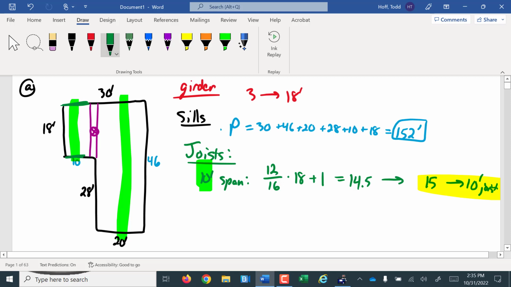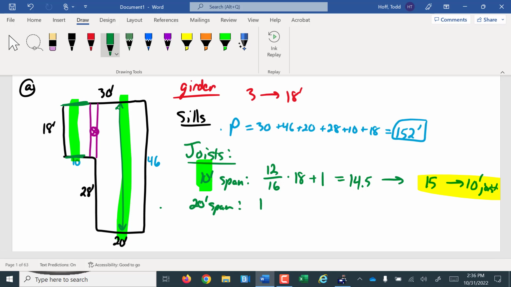So next is the 20-footers. For the 20-foot span, what's the run of those? The run, of course, is this way. How far is that? 46 feet. So 12 over 16 times 46, plus 1.